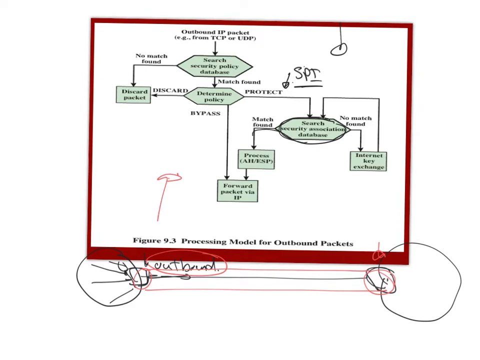If you have a match, what does that mean? You have a security association that corresponds to this tunnel, in which case you will use that security association. You will add both the ESP header and possibly, optionally, the AH header. Okay? And here it depends where we add the ESP header, as we said, based on what?